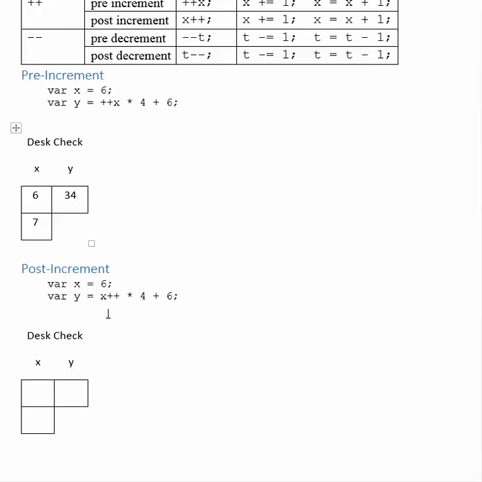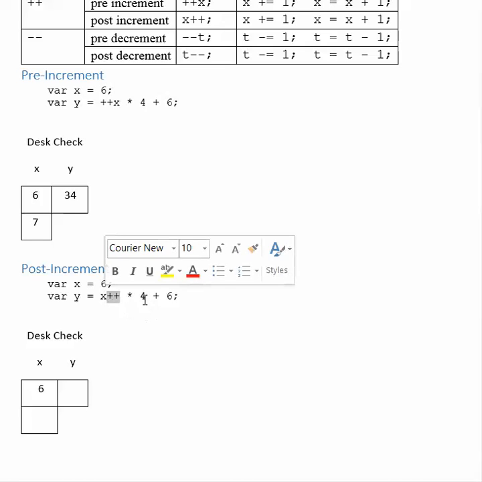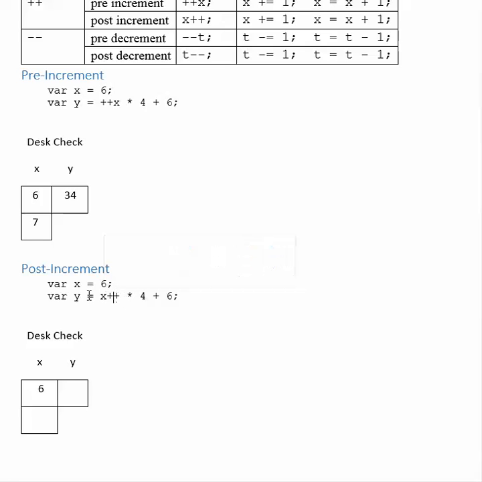Which moves us on to the very next one, which is the post-increment, which behaves slightly differently, but is important nonetheless. We start out with the same initial value, and then in the next line we see that it's a post-increment, which means we don't have to deal with it until after we've done our math operation. So when we run this, x is still equal to 6.